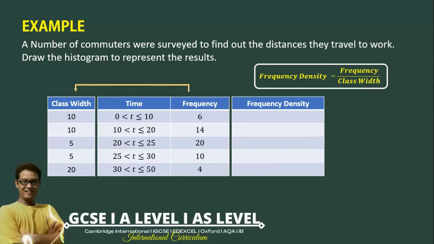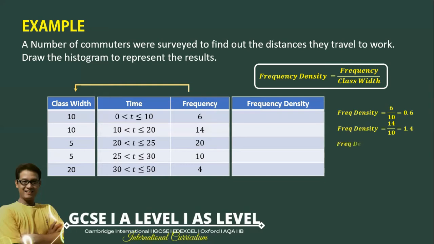By using the formula frequency density equals frequency divided by class width, for the first row, frequency density equals 6 divided by 10, which is 0.6. The second row, 14 divided by 10, gives 1.4.